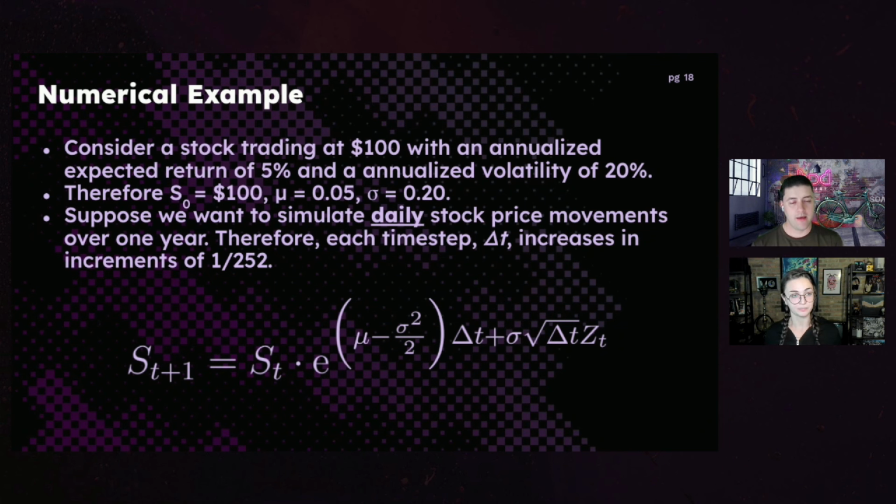Make sense? Yes. Now suppose we want to simulate daily stock price movements over 1 year. So for each time step delta t, that increases in increments of 1 over 252, because we're looking at a 252-day time horizon in increments of 1 day. So for each delta t, that's going to be 1 over 252, right? Yep.